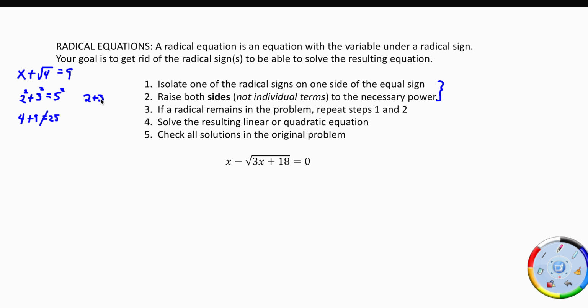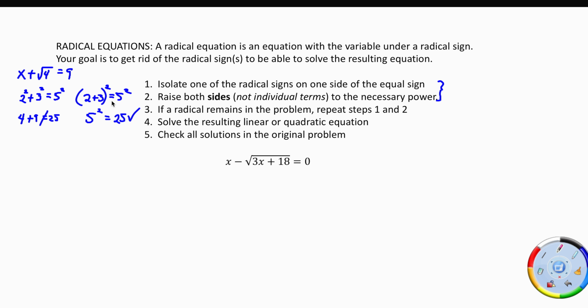However, if I squared both sides of that equation, right, then do inside parentheses first, I'd have 5 squared equals 25. Oh, yes. So first thing, we cannot square individual terms, only sides of the equation.